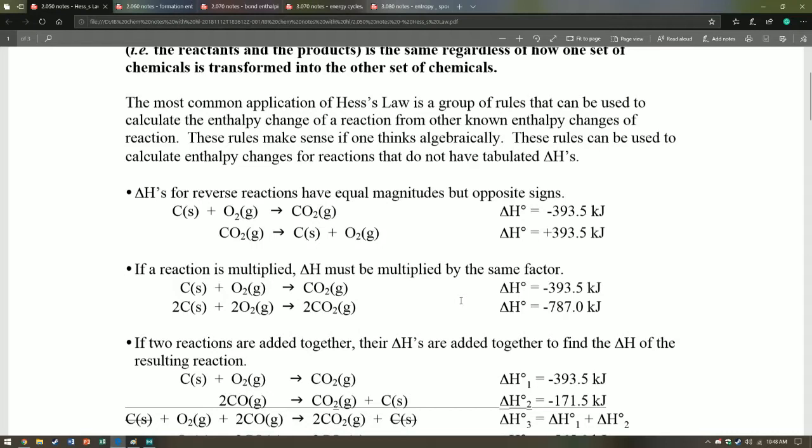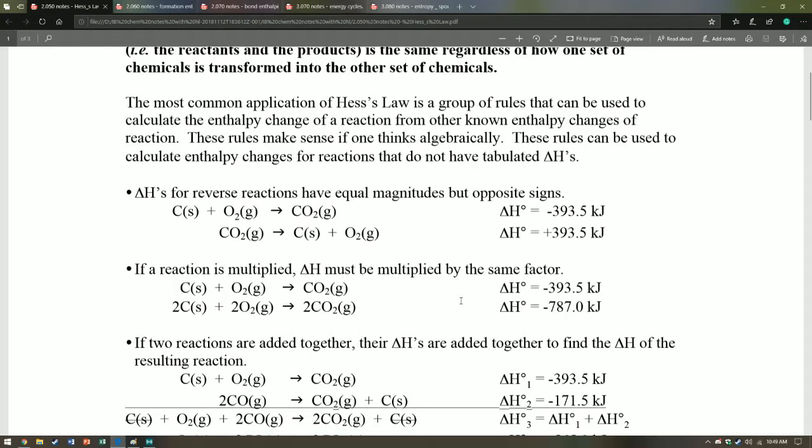Now, this actually turns out to be quite an important idea, that it doesn't matter how you transform from one set of chemicals to the other, because particularly for those of you doing high level chemistry, you'll be encountering these things known as reaction mechanisms, and it's really important because it basically states that there isn't always only one step.